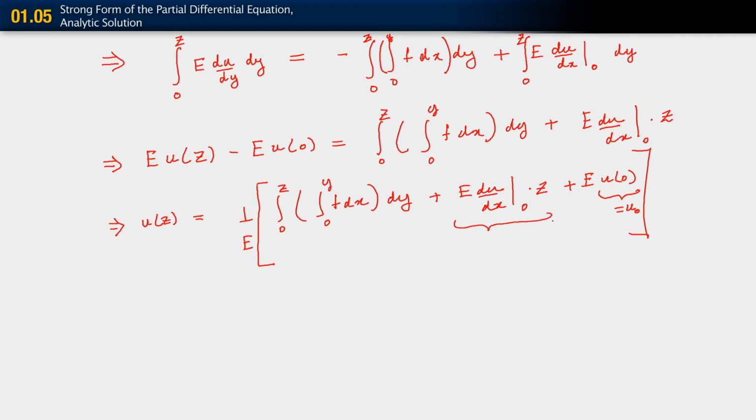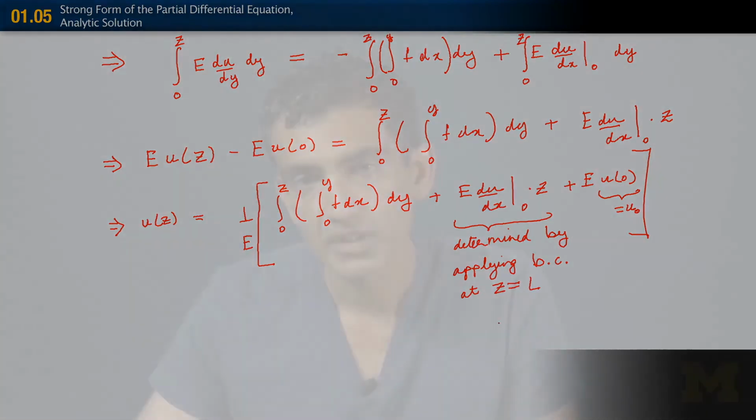And this would be obtained by applying the boundary condition that we have at L. This term is determined by applying the given boundary condition, BC for boundary condition, at x equals L, or in this case, Z equals L, because we are finally expressing this as a function of Z. Now, if the boundary condition that we have at Z equals L is a displacement boundary condition, if it's a Dirichlet boundary condition, it would be straightforward to apply it. What if it were a Neumann boundary condition?